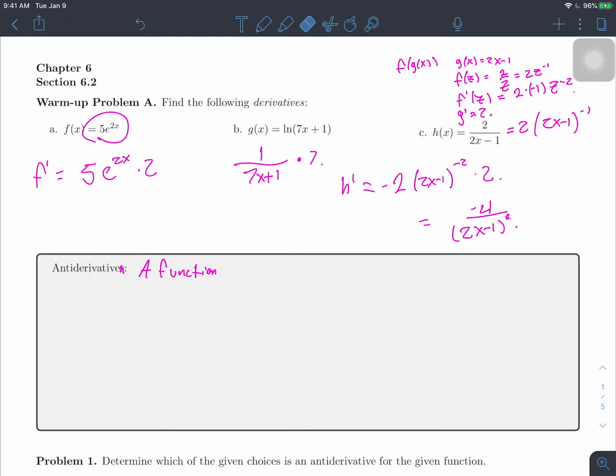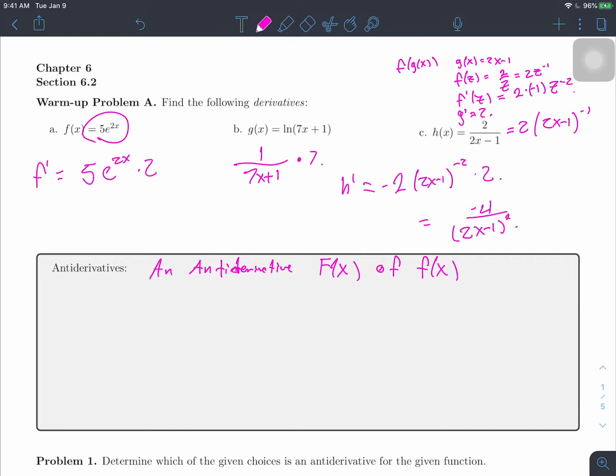Okay, well, let me be very careful here. I'll say an antiderivative capital F of x of little f of x. Okay, so capital F is the antiderivative and f is the function for which capital F is an antiderivative.